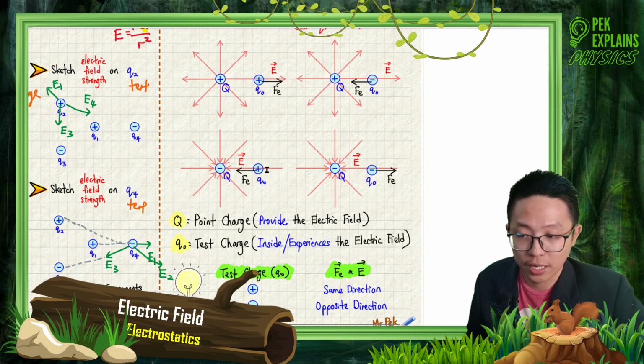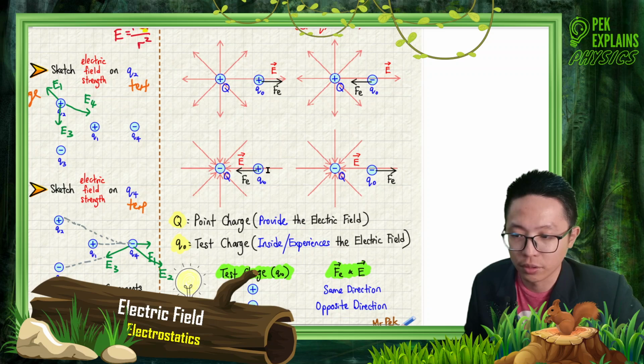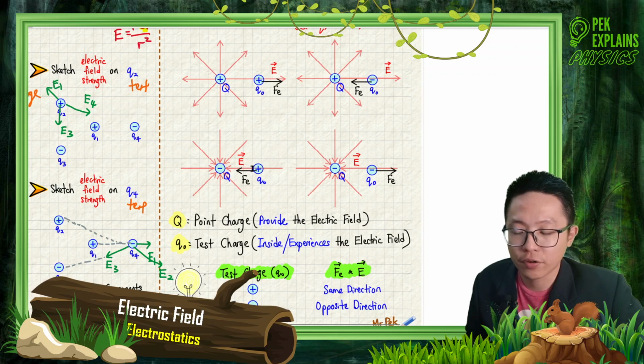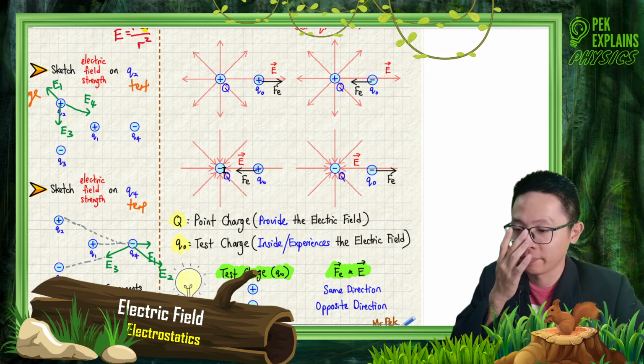For a negative point charge, the electric field is towards the negative point charge. So at the position of Q naught, the electric field experienced by Q naught is to the left, towards the point charge. So for the electric field, we only look at the point charge. It is negative, so it's towards the negative point charge.